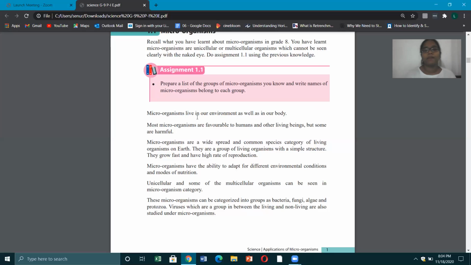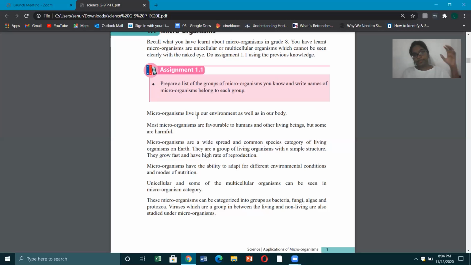Microorganisms have the ability to adapt to different environmental conditions and modes of nutrition. That we'll also be discussing in the latter part of this lesson, where they can be in any kind of environmental conditions. There are some bacteria that can live in the extremes of climates.